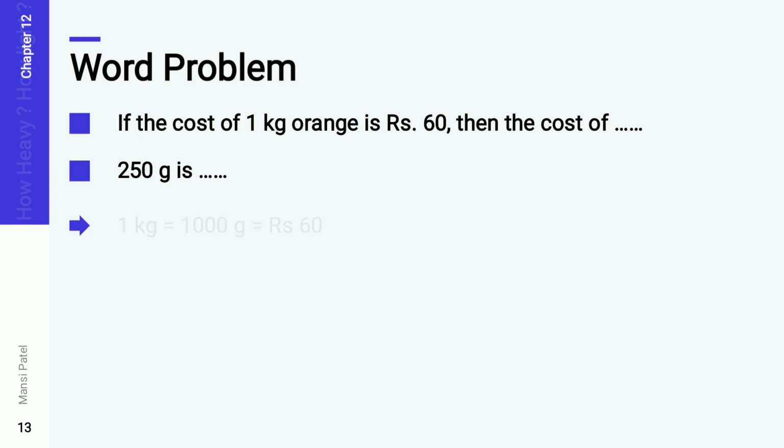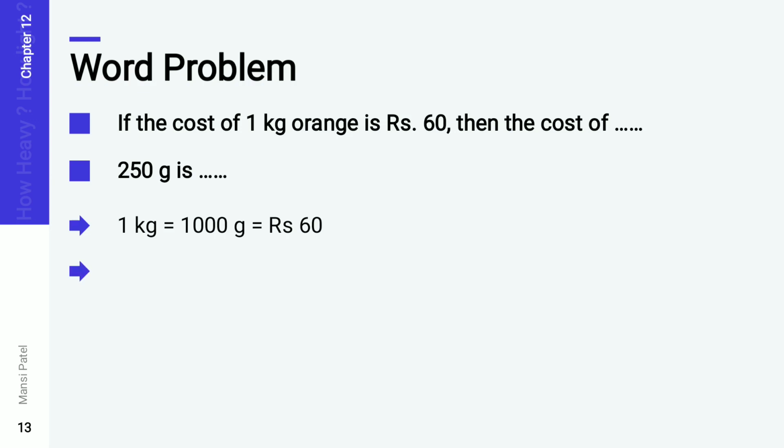But we know that 1 kilogram is equal to 1000 gram. So if 1 kg is equal to rupees 60, then instead of 1 kilogram, you can use 1000 gram. So we can say that 1000 gram is equal to rupees 60.